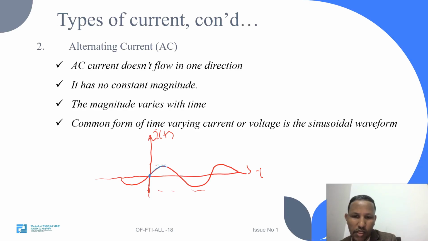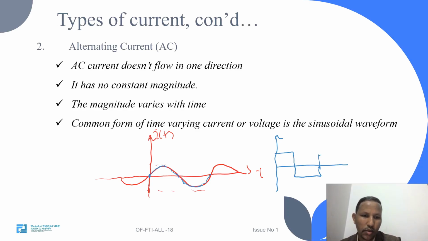After attaining its maximum value it reduces its magnitude, comes to 0 again, and goes to the negative peak value. After achieving its negative peak value, it goes back to 0. So this is a periodic sinusoidal waveform, so it is alternating current. Similarly, of course, we can have a square wave, a periodic square wave.